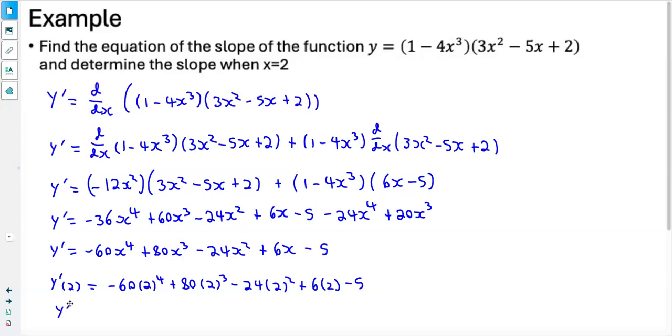And that gives us a slope at that location of negative 409.